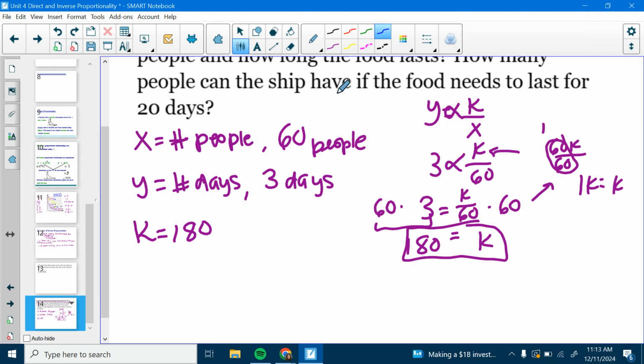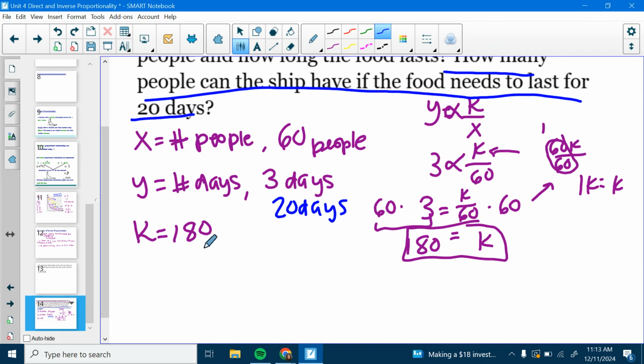So now I want to figure out how many people the ship can have if the food needs to last for 20 days. So 20 days is my new y value. And I'm going to use my k value. So I know that y is proportional to 180 over x.